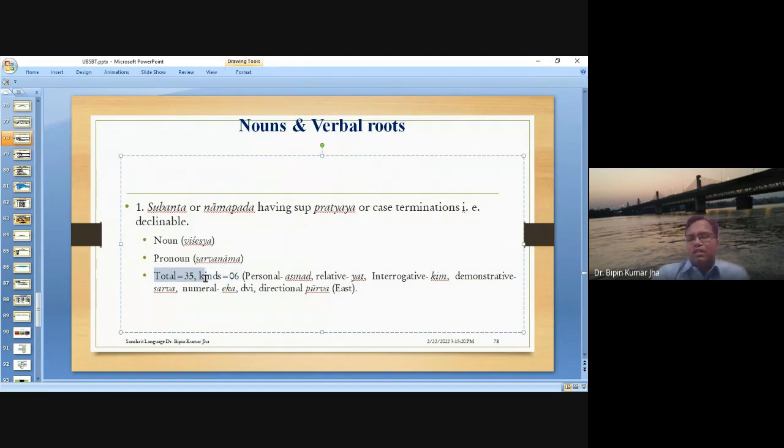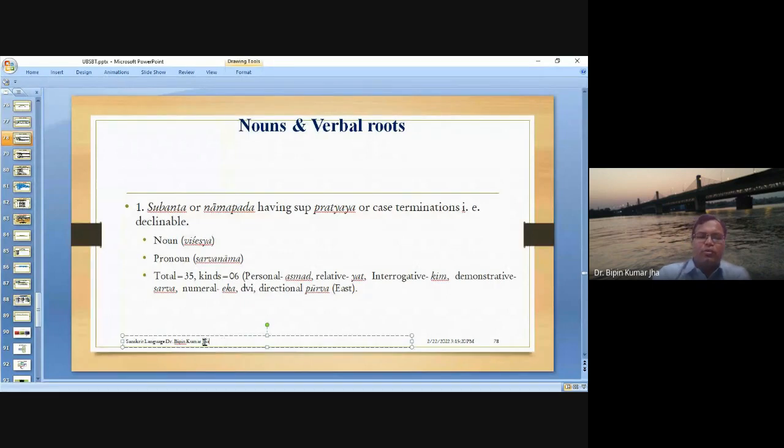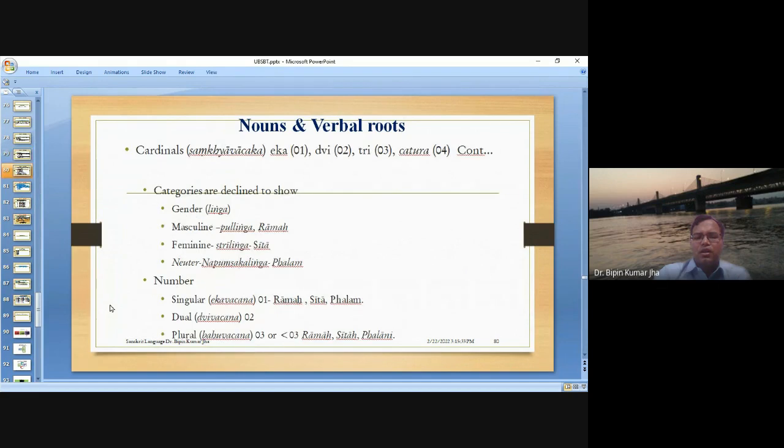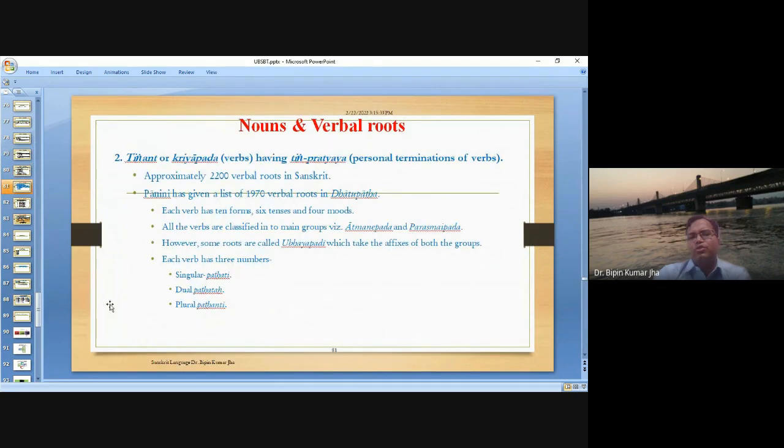The specific thing which you need to keep in mind, there are 35 pronouns or sarvanam, which have been divided in six different categories. And when you are talking about verbal roots, you need to keep in mind there are 1970 verbal roots mentioned in Dhatu Path, and if you are counting another Gana Path, then you can find 2200 verbal roots, and these are divided in different categories.